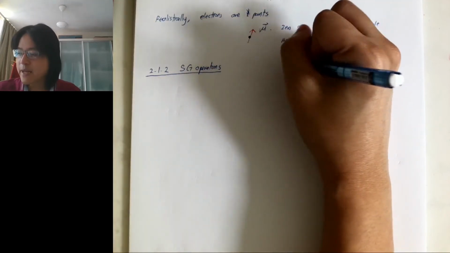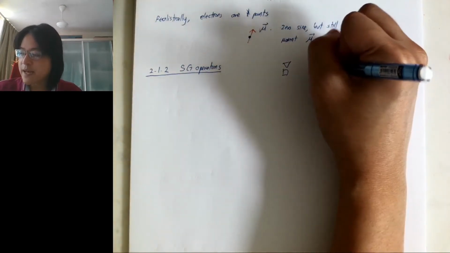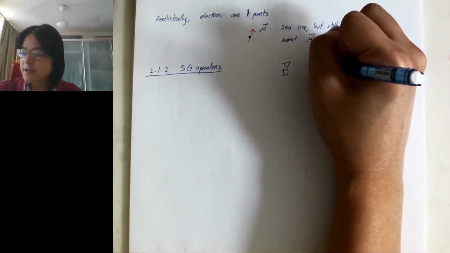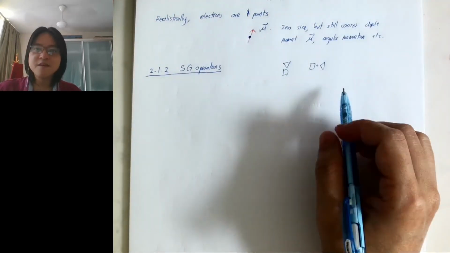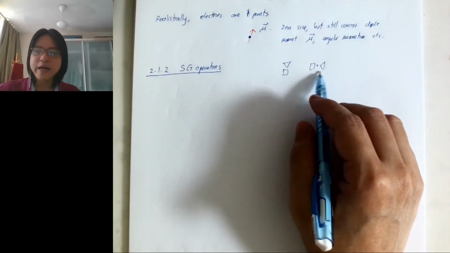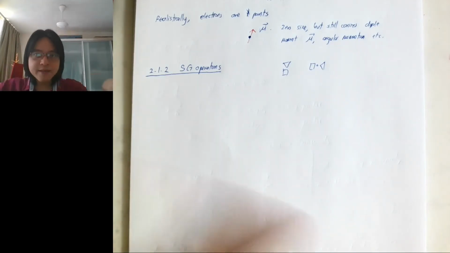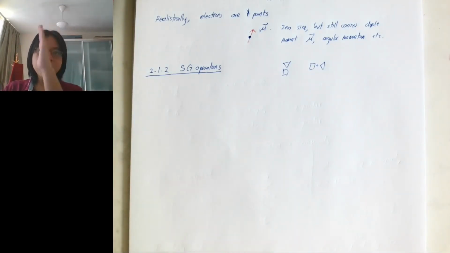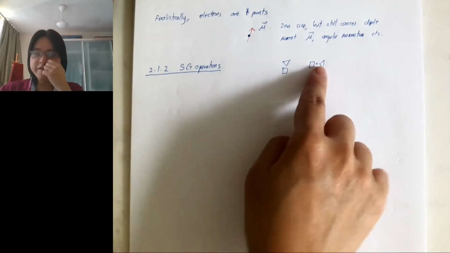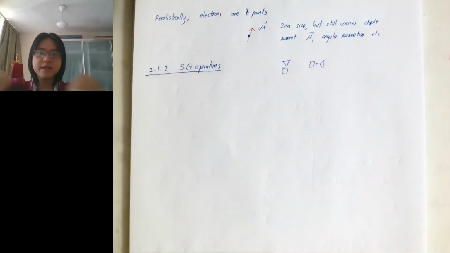If you align your magnet like this, or like this, and you shoot the beam through here, how do you handle this? The simple answer is it will still split into two beams, but in this direction. If you align your magnet in the z direction, it will split along the z direction. If you align in the y-axis, then it will split in the y direction.